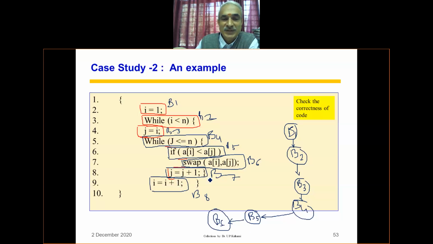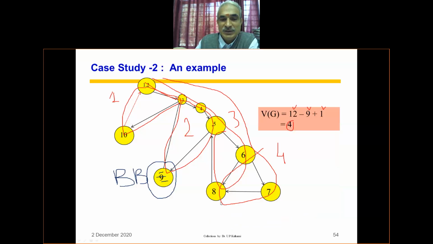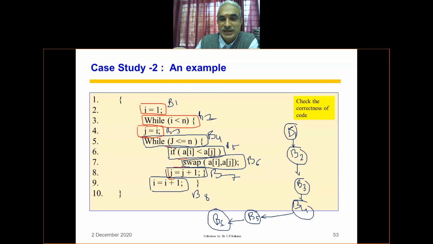You proceed like this, and probably you will get these things. Anyhow, see, there is a same graph. B6, right?